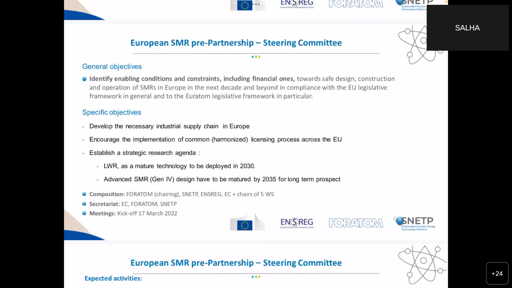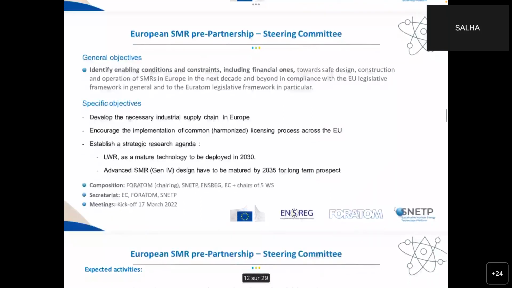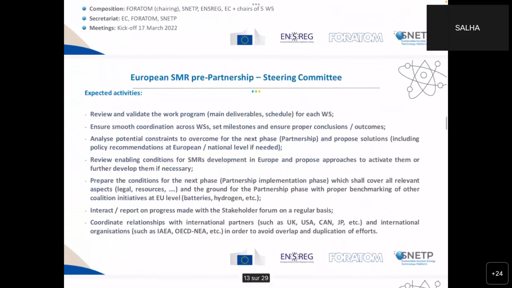Foratom is the association of the nuclear industry in Europe. You probably know that it has changed its name and is now called Nuclear Europe. And it's an ETP, so the platform for research and innovation in Europe.